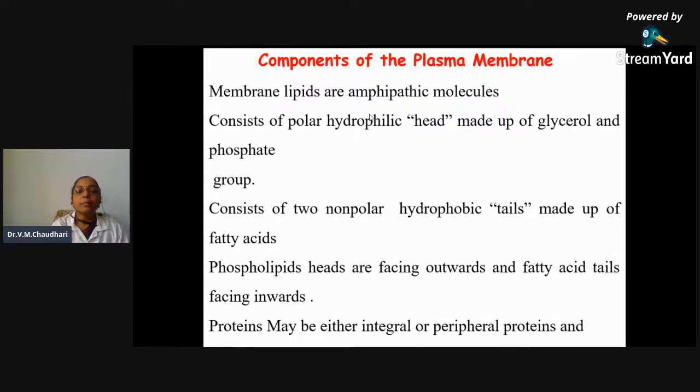Membrane lipids are amphipathic molecules. Amphipathic means amphi, double. They consist of a polar hydrophilic head, made up of glycerol and phosphate group, and two non-polar hydrophobic tails made up of fatty acids.